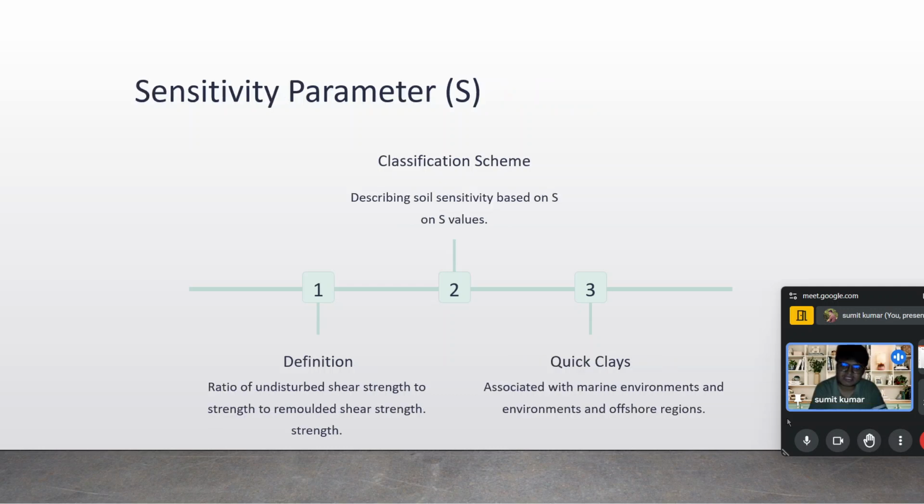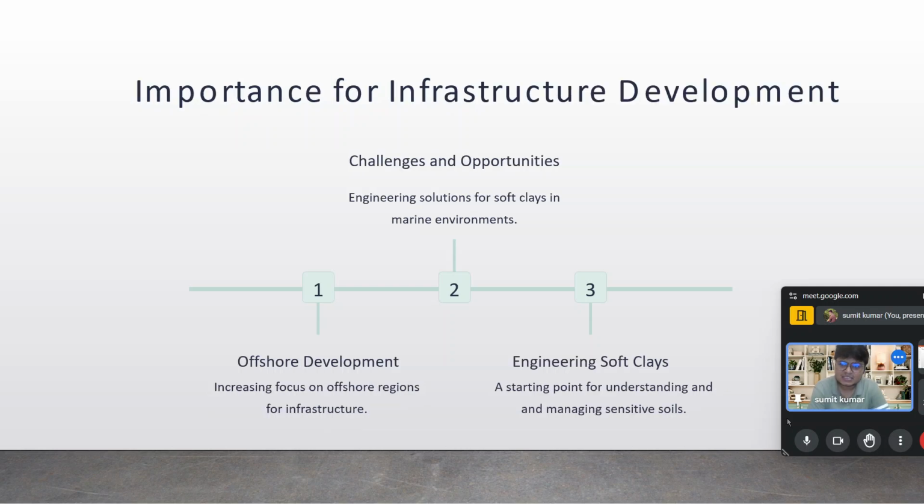When we talk about the sensitivity parameter, we say it is the ratio of the undisturbed shear strength to the remolded shear strength as the definition of sensitivity. The classification scheme describes the soil sensitivity based on the S values, and quick clay associated with the marine environment and the offshore region could also be assessed.